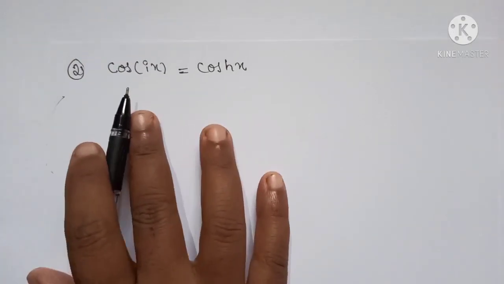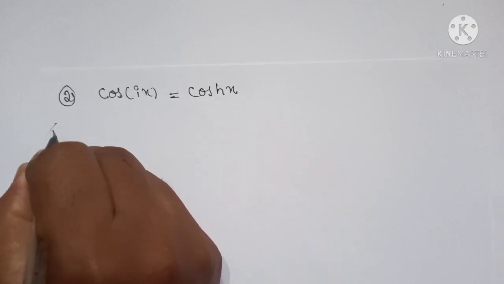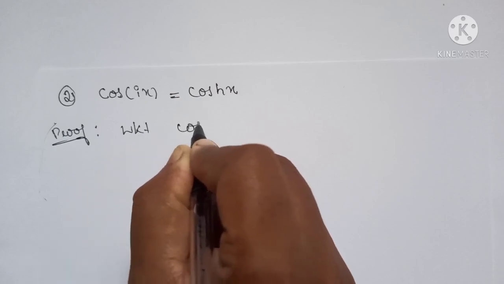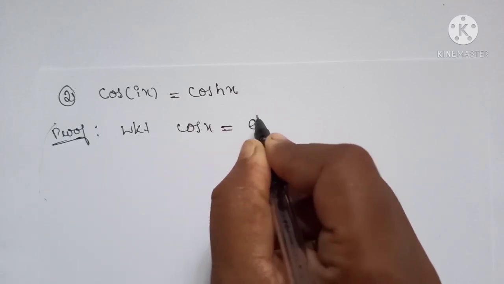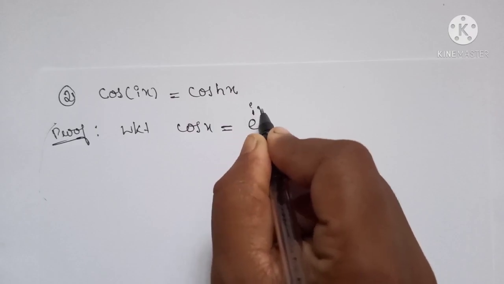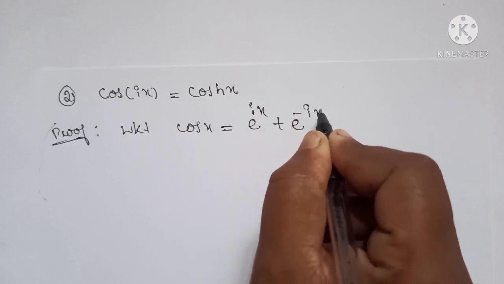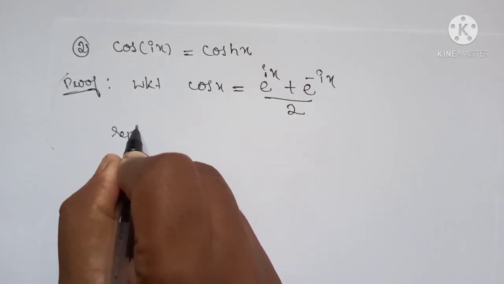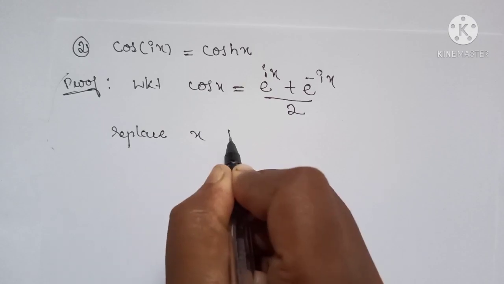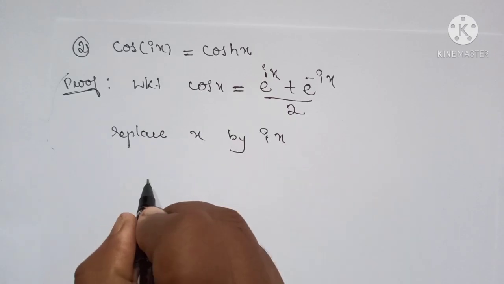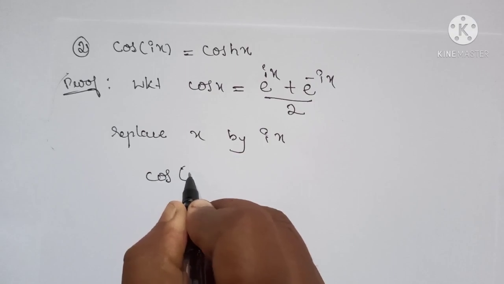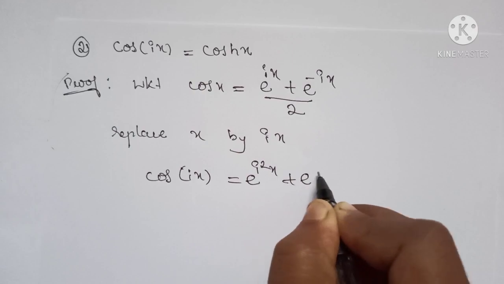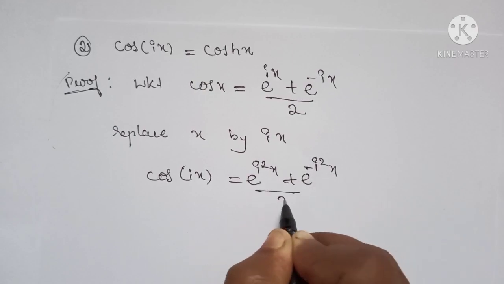Second one, cos of ix equals cos hx. We know that cos x can be written as e raised to ix plus e raised to minus ix divided by 2. Now if I replace x by ix, then cos of ix equals e raised to i square x plus e raised to minus i square x divided by 2.